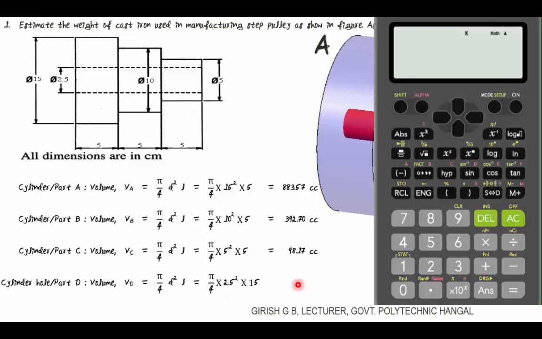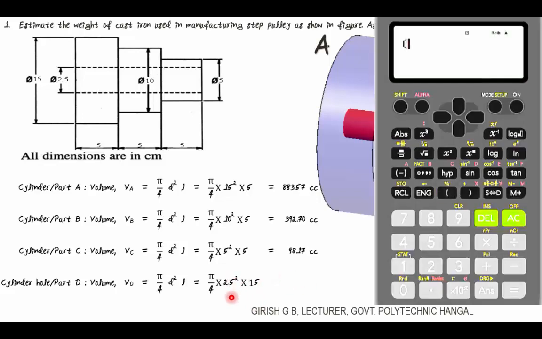Calculating the result, pi divided by 4 into 2.5 square into 15. Let's store this value to D. The result is 73.63 centimeter cube or cubic centimeter.